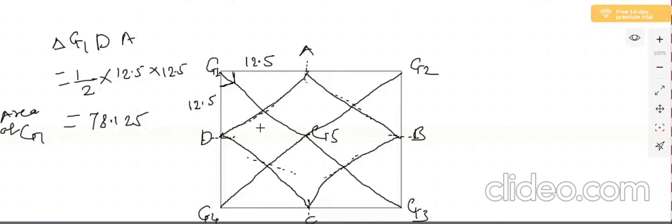So what is the area of G2? It is the same, since it is a square, so there is no difference: 78.125. Was somebody having any doubt? You can ask.